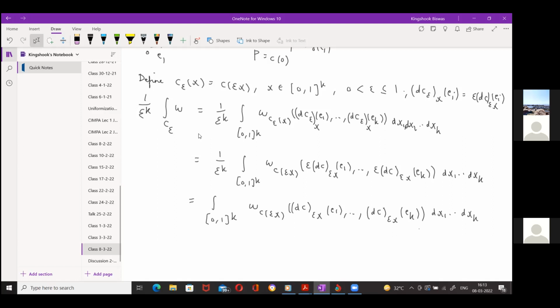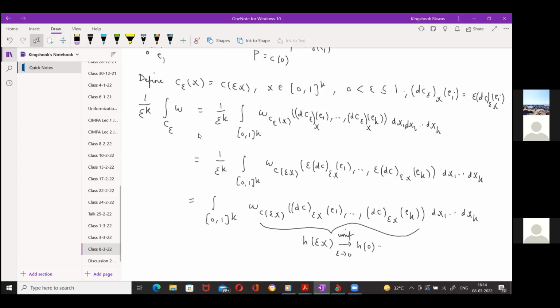So what is this thing? This whole thing is what I was calling h. This is h of epsilon x, right? So this converges uniformly as epsilon tends to 0 to h of 0.